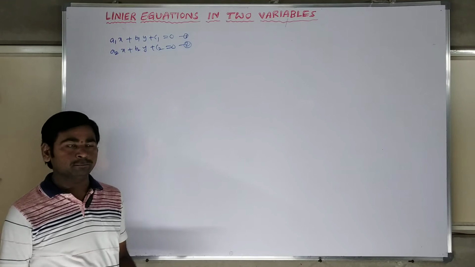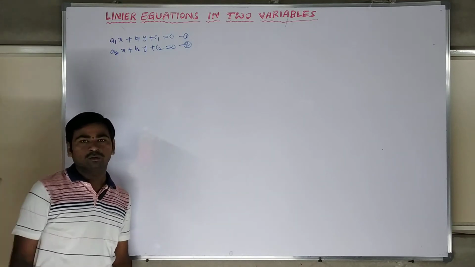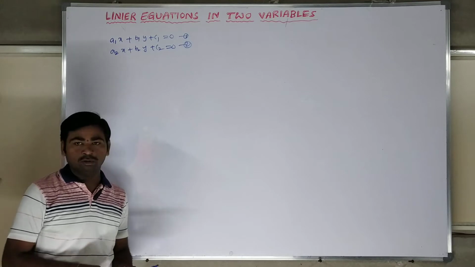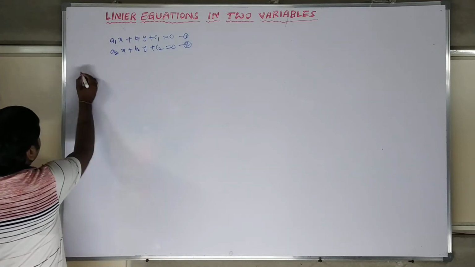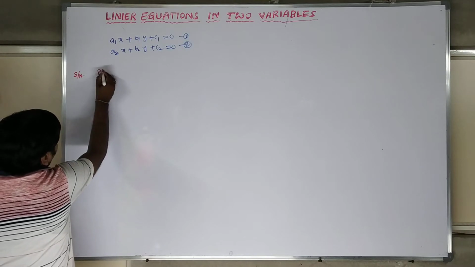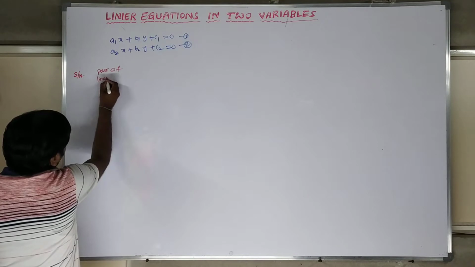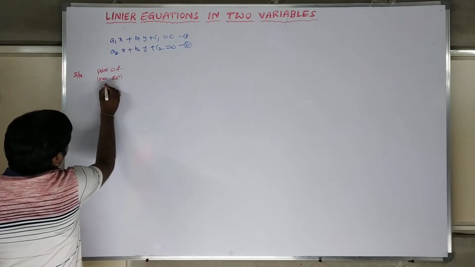When you are solving, some conditions will be taken, and if a condition is satisfied, we can go and solve. I am drawing the table for you. First a serial number, then the pair of linear equations, in which I will give examples.